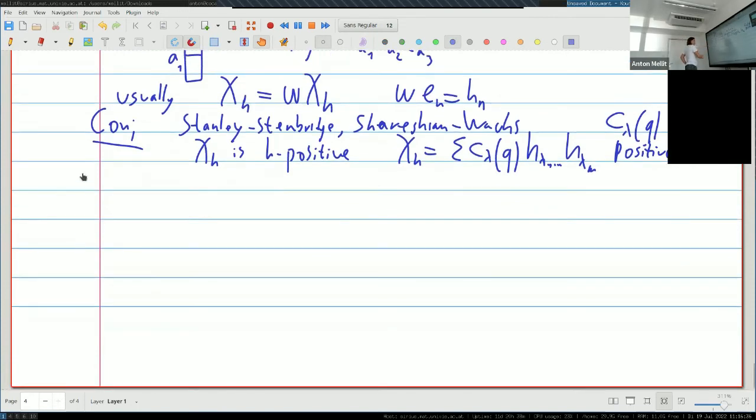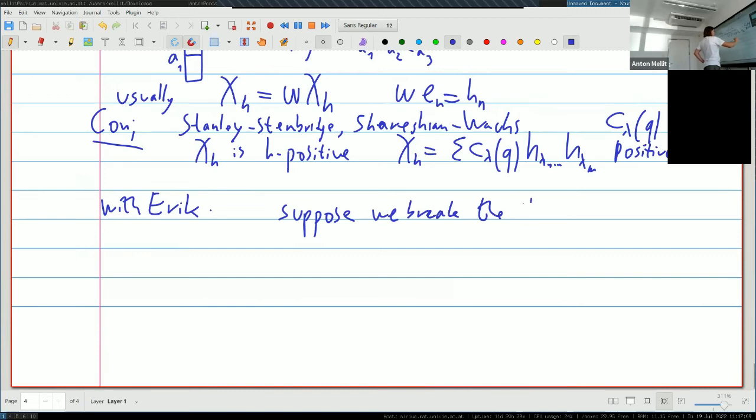Now I want to explain my contribution, with Erik Carlsson, the following discovery. With Erik, we looked at the following thing. Suppose we break the Dyck path into two.